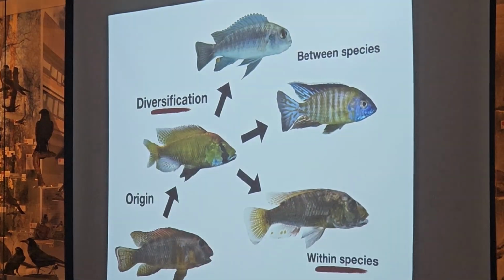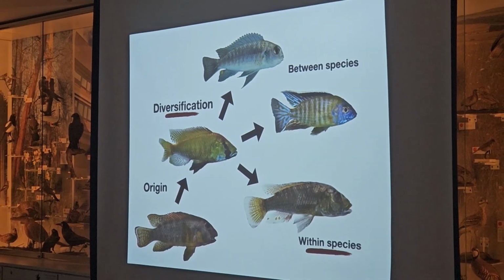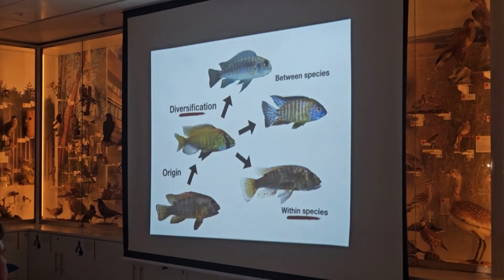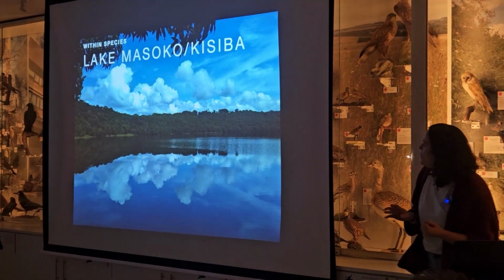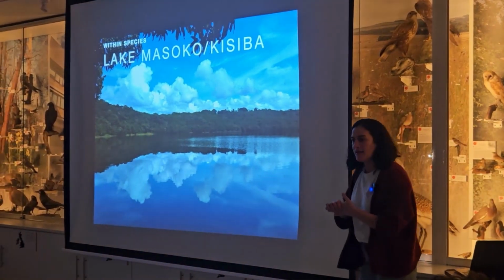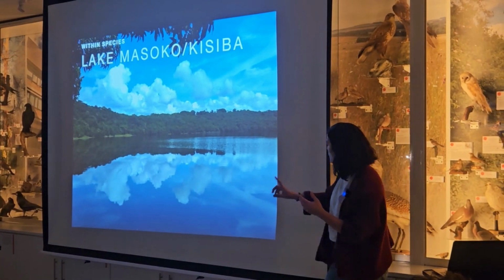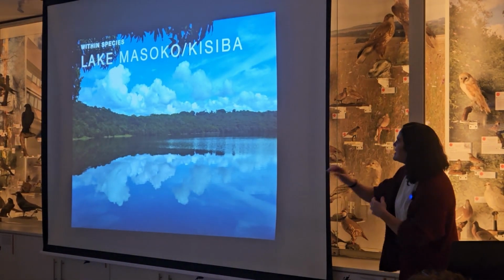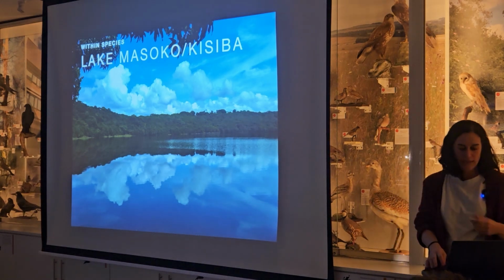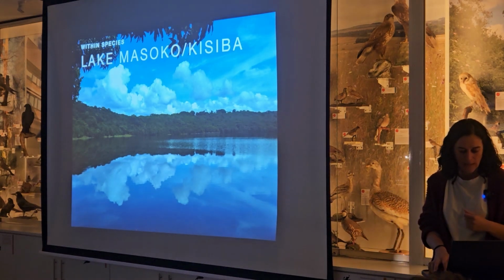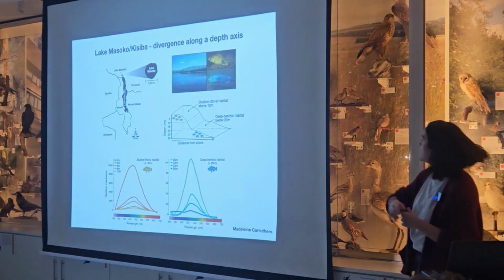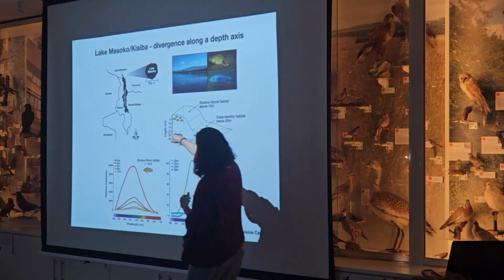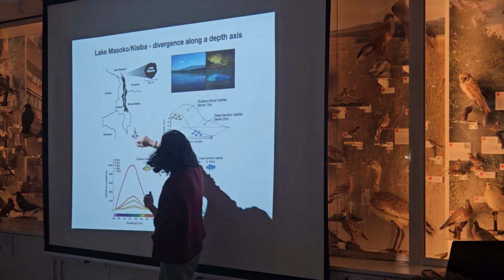But then we also look, as I said, at diversification within a species. And here we are looking at a smaller lake. It's very small, so you can actually see the other side of the shore. It's a little crater lake called Lake Masoko or Kisiba. And here you can see how it's located just north of Lake Malawi.